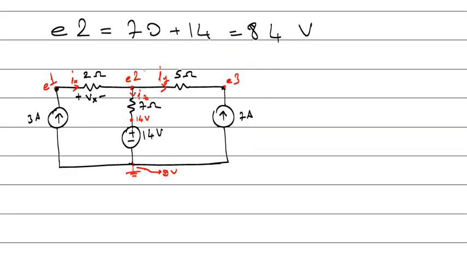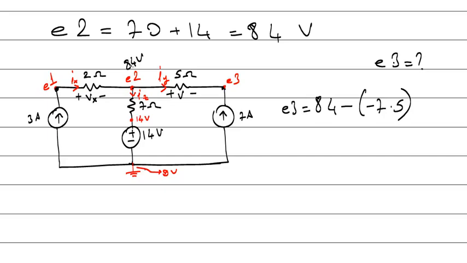Okay, after calculating E2, what's E3? There is a voltage drop, isn't it? What's the value of that voltage drop? Here, this point is 84 volts. Minus, there is a voltage drop. Voltage drop is current times resistance. Current is -7. Resistance is 5. Okay?